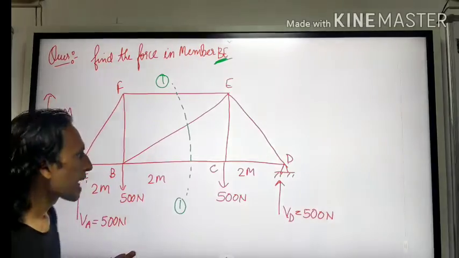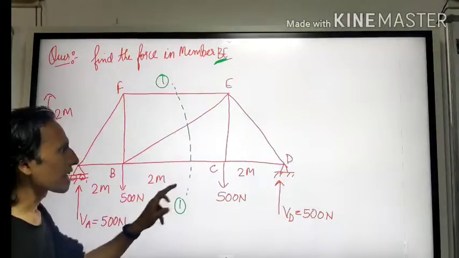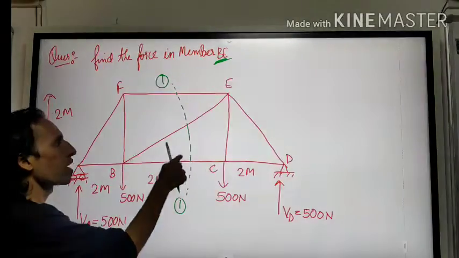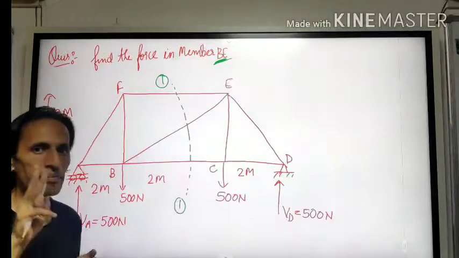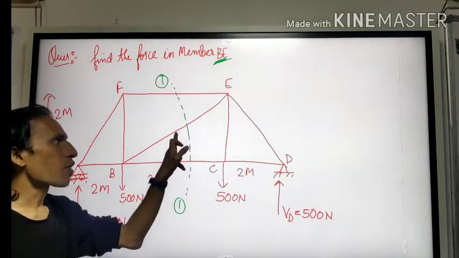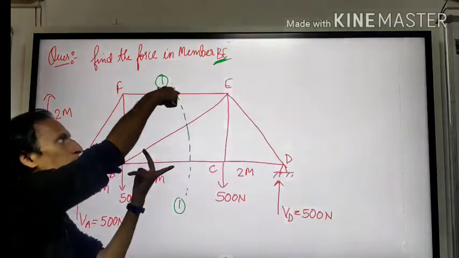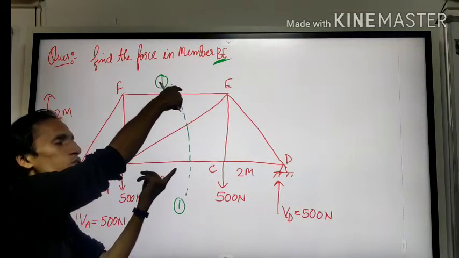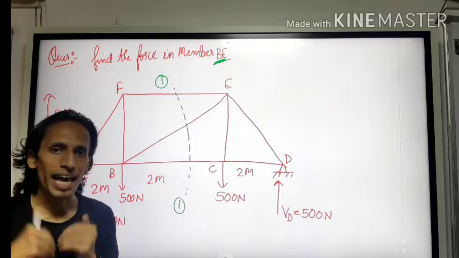I can see that the section is cutting 3 members. I want to calculate this one and I don't want to include the other 2 members in my calculation.